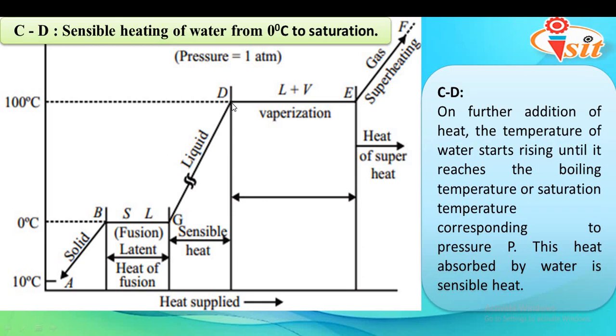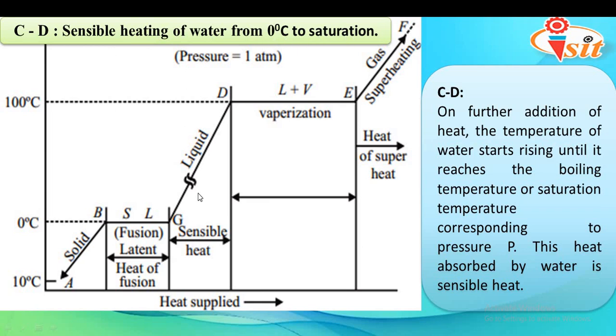So just mark that at point D we will be having 100% liquid only, but its temperature will be 100 degrees Celsius. So this was all about line C to D, which is called sensible heating of water from 0 degrees Celsius to saturation.